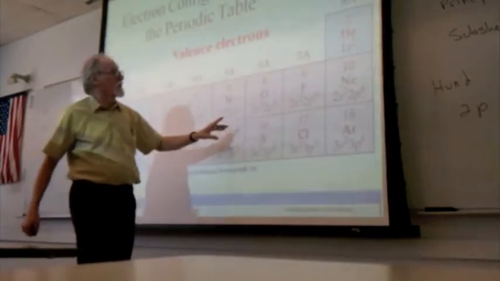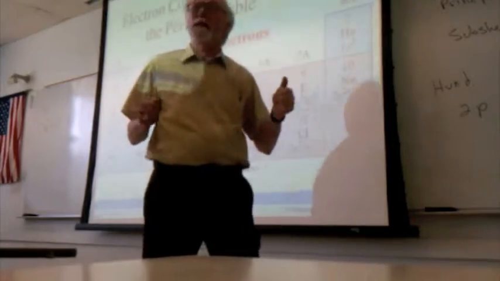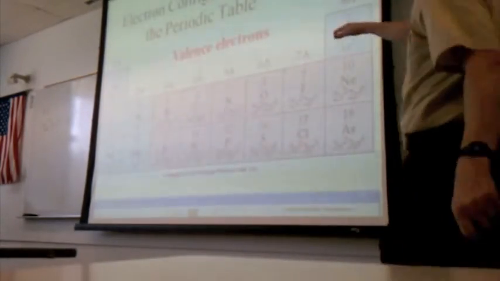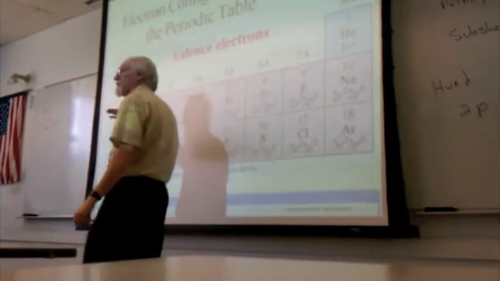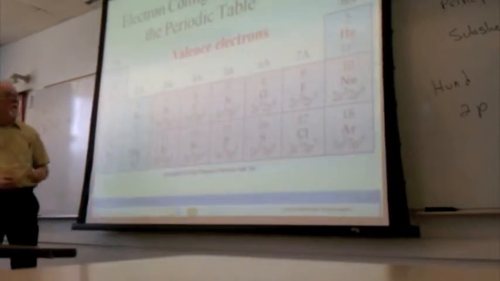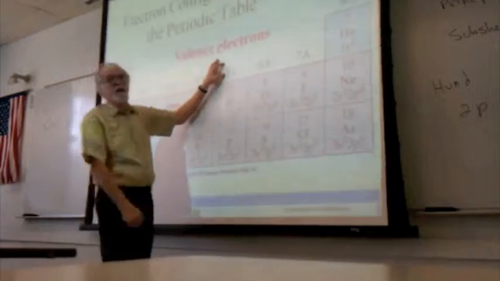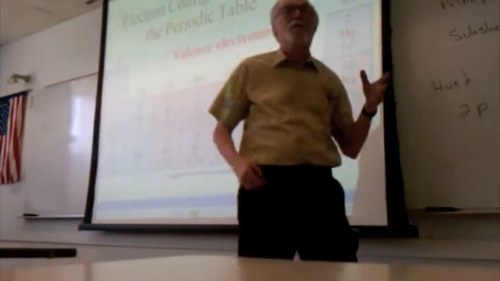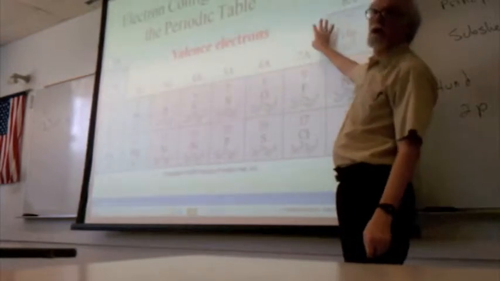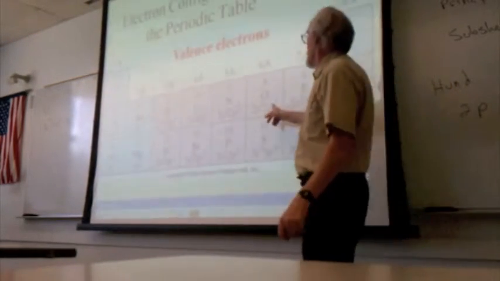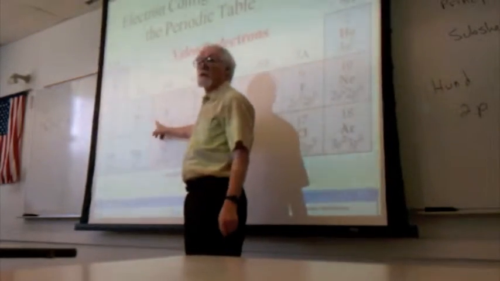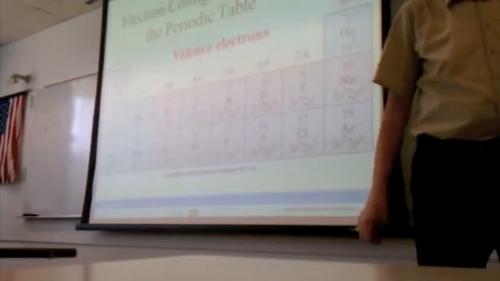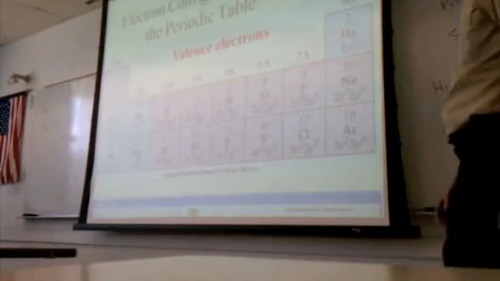And remember, the d's are never the valence electrons, because the d subshell is always one number lower. So 1 through 8 in the main block elements identified how many valence electrons. We now know what that configuration is: 2s, 2p, 3s, 3p. Those are the valence electrons.